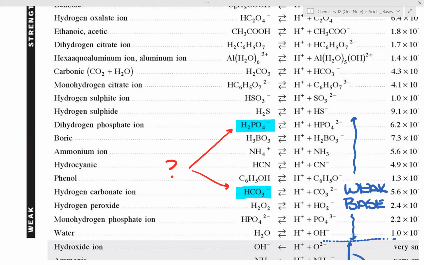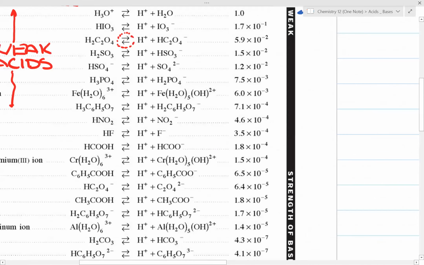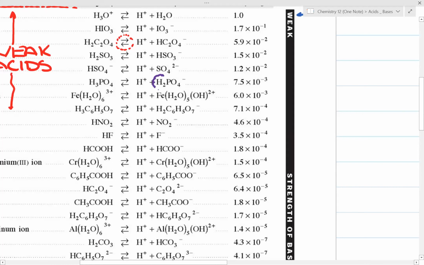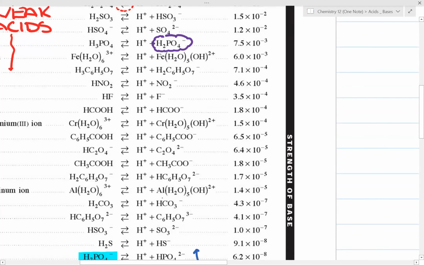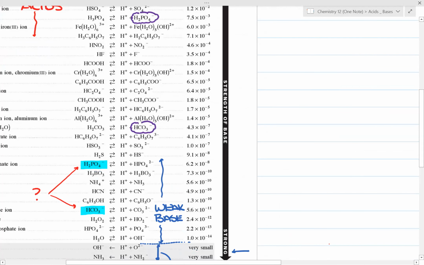than HCO3. Now, some of you might say, but wait a minute, Mr. Chan, we see H2PO4 as a base, and we see HCO3 as a base. What do we do in this scenario? You do the exact same thing, but instead of looking for the stronger acid, you are looking for the stronger base, and whichever one tends to accept a proton more.